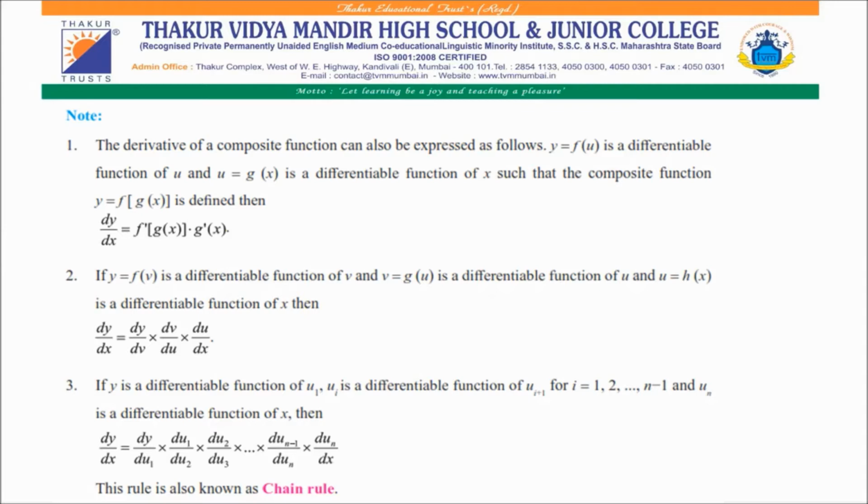Then this rule is called the chain rule. If suppose a function is a function of a first function, then a second, then a third, then we are using the chain rule.